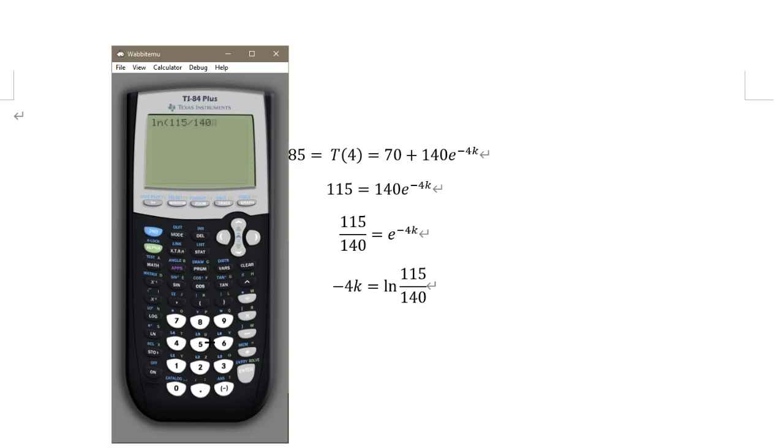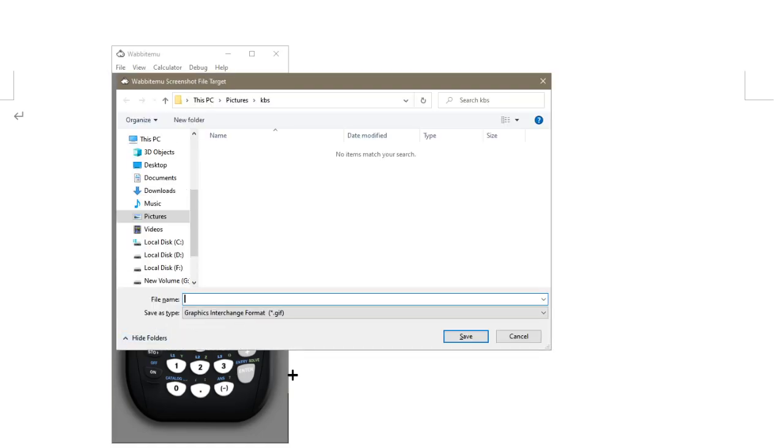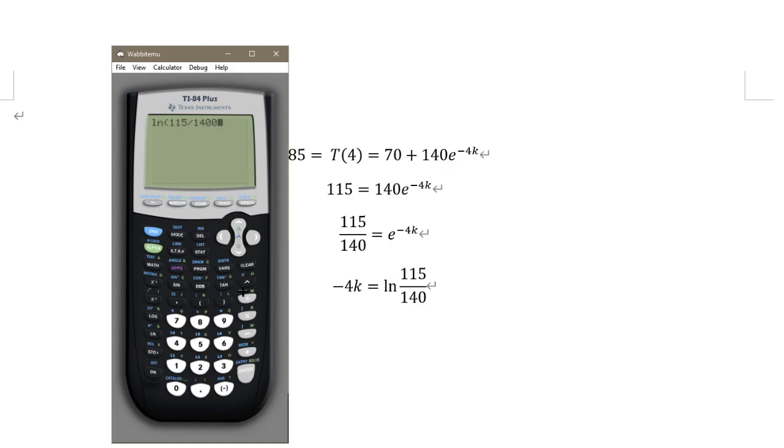I don't know what happened, let me do this again. Still have trouble using this. Let me try this again: ln of 115 divided by 140.